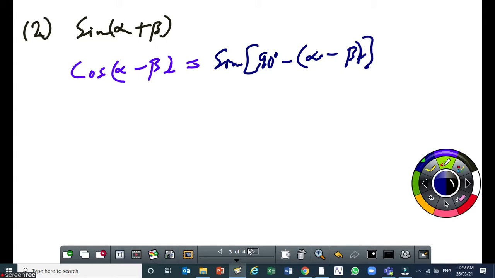So I use co-ratios here. As you can see, for me to get this plus here, it has to come from everything that I have here.